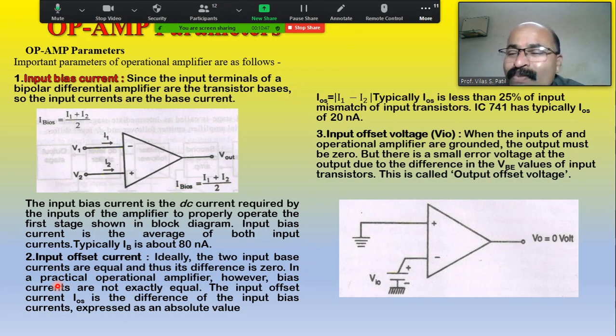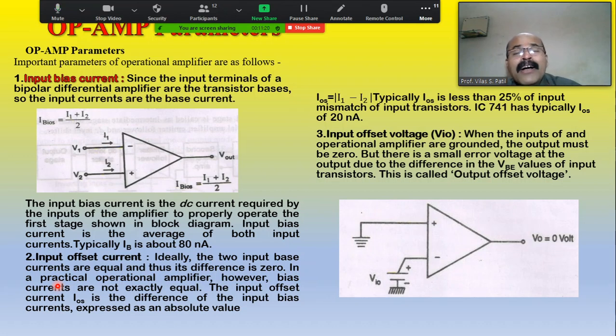2 plus 2 is 4. If it is not calibrated, it gives 4.25. That means a calibration error occurs, and hence we have to calibrate it. To calibrate, we have to set the input offset voltage. I should say we have to set the input offset current, not voltage. Practically in the operational amplifier, the base currents are not exactly equal, so the difference is not exactly zero.